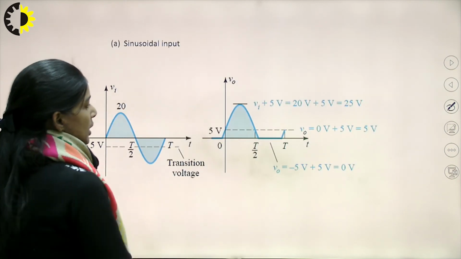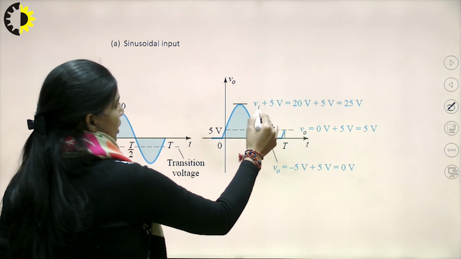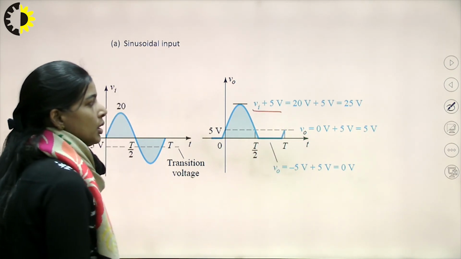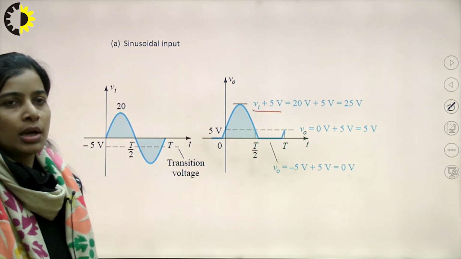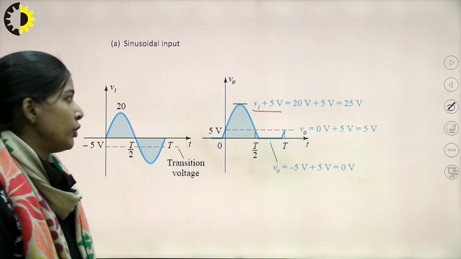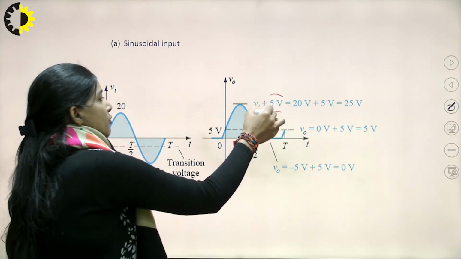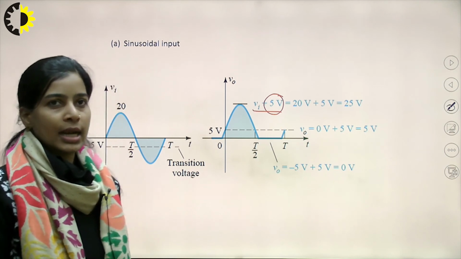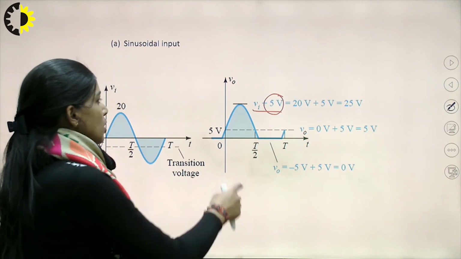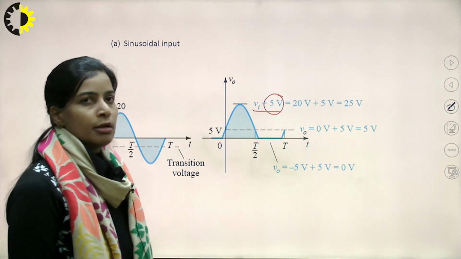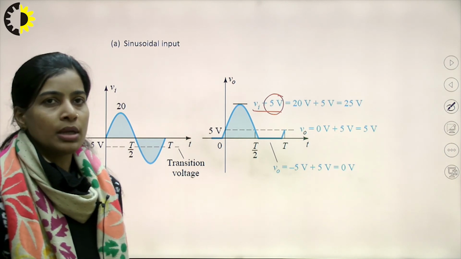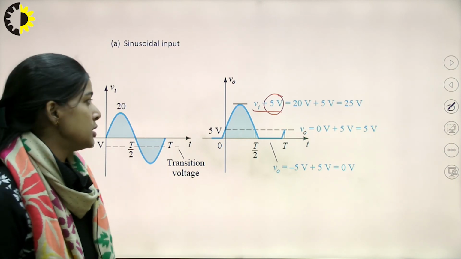That is shown here, the output that is appearing will be V in plus 5 volts. This circuit is similar to the previous numerical problem with the addition of the 5 volt DC supply. So, the amplitude of the output will rise by 5 volts due to the application of the DC voltage.